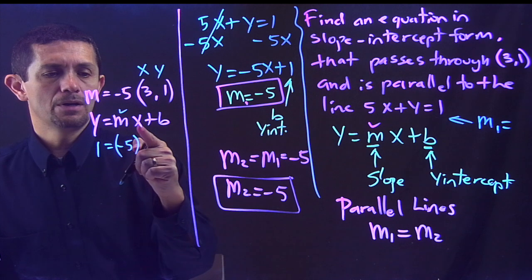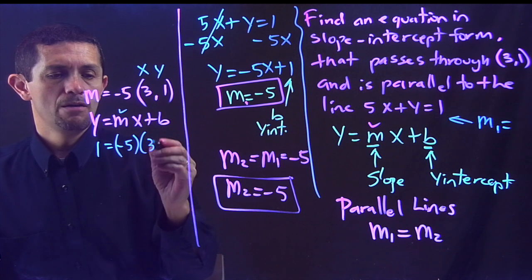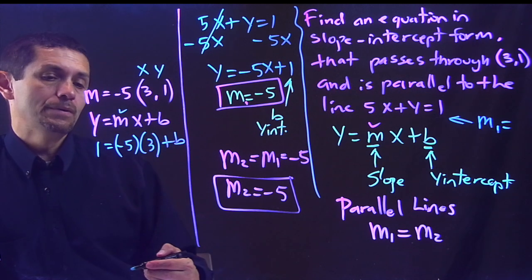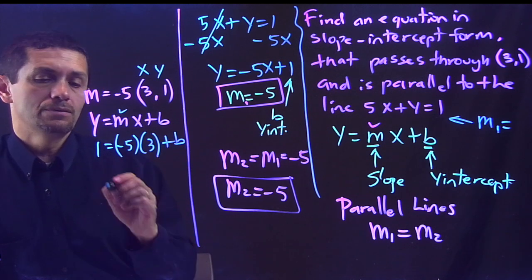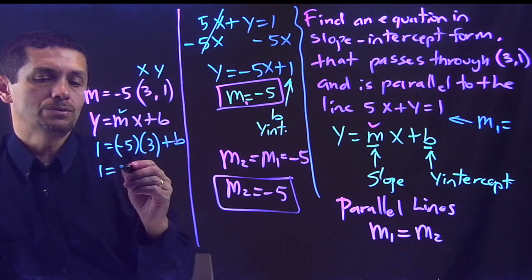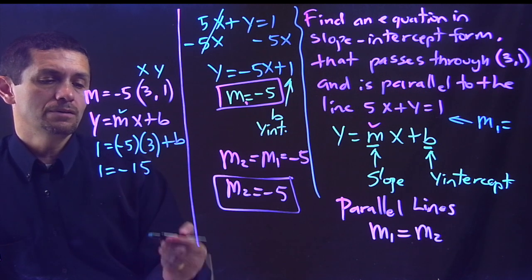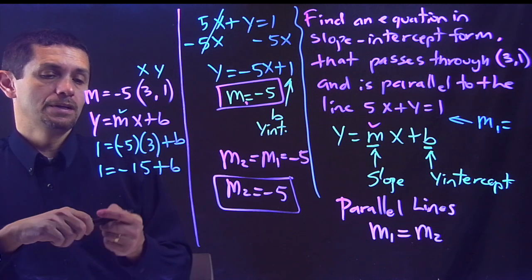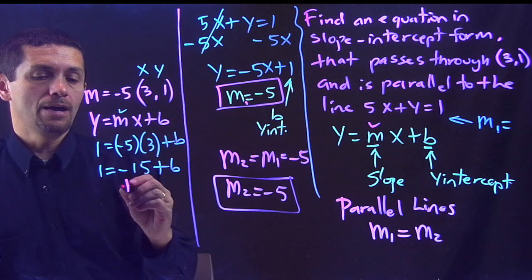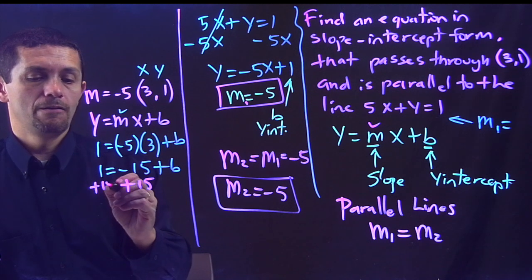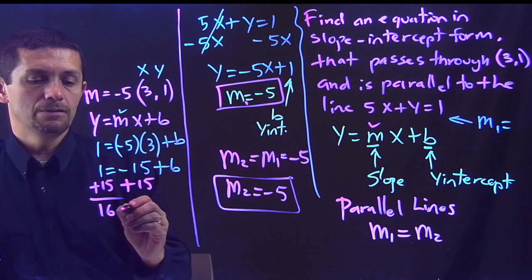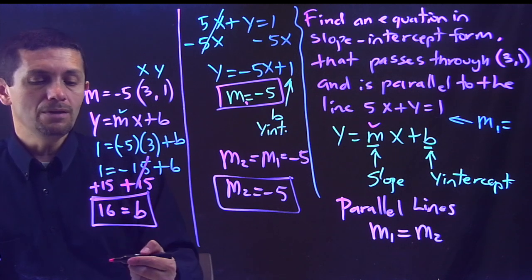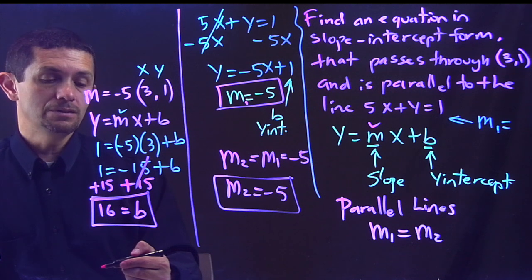So my slope is negative 5 times x, which is 3, plus b. From there, I need to solve for b. So I have 1 equals negative 5 times 3, negative 15, plus b. I need to leave the b by itself, so I add 15 on both sides. That gives me 16. The 15 cancels, and now I have that b, the y-intercept, is equal to 16.